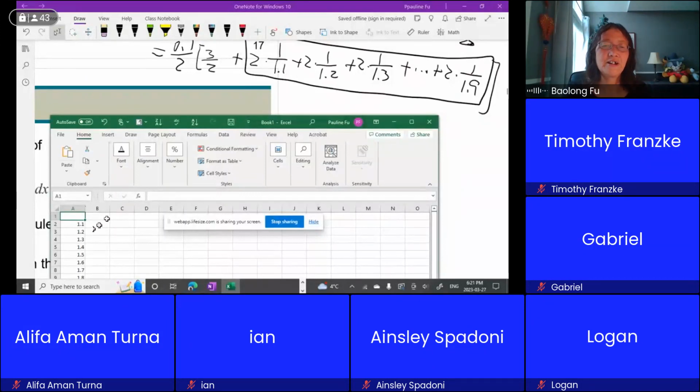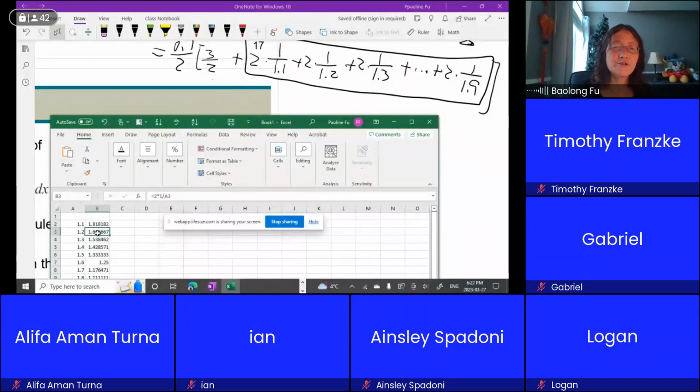Okay, so each time I need 2 times 1 over this number. See, each time I need to do 2 times 1 over this number. Then I just copy down the formula, drag it down.